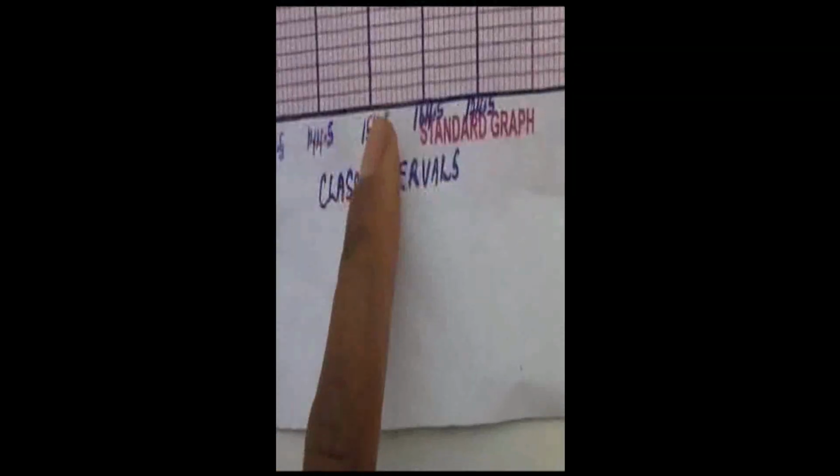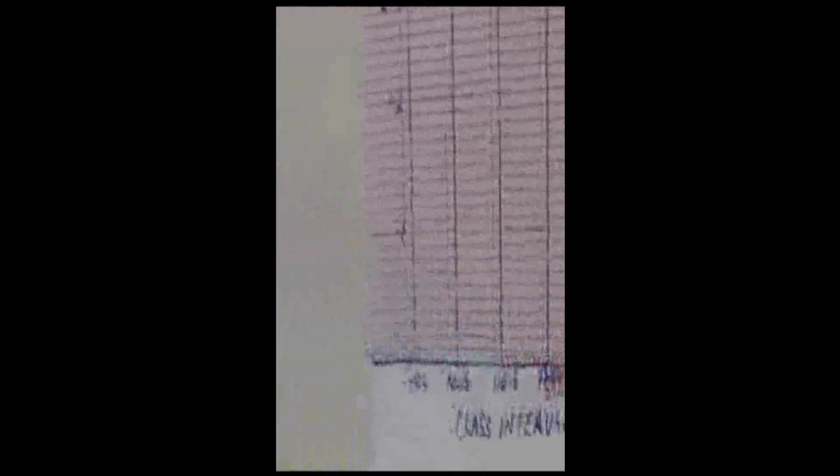So this is the modal rectangle, and this class is the modal class. If you also come to the frequency table, you discover that it is the second that has 12, and 12 is the highest frequency we have there.